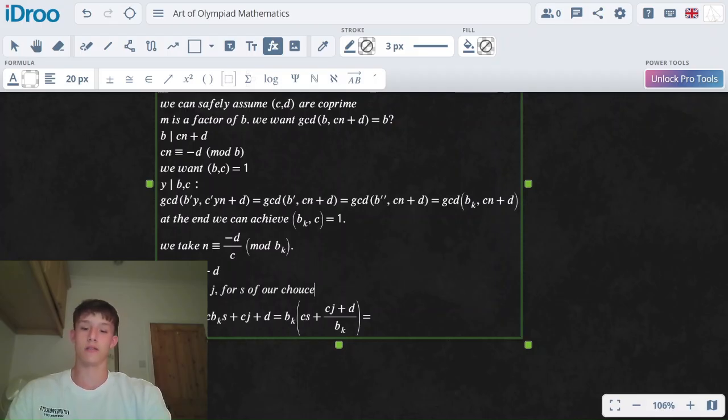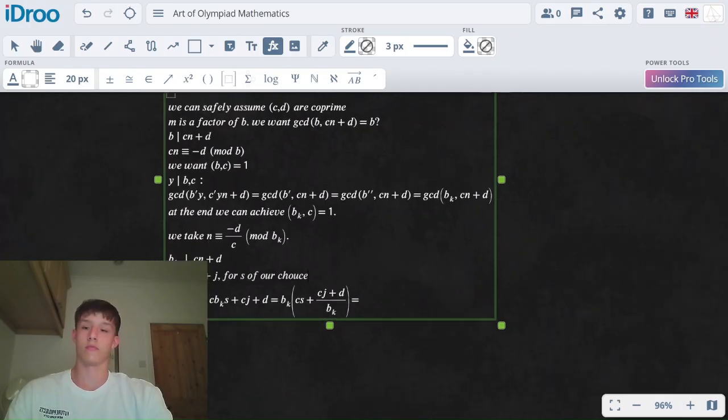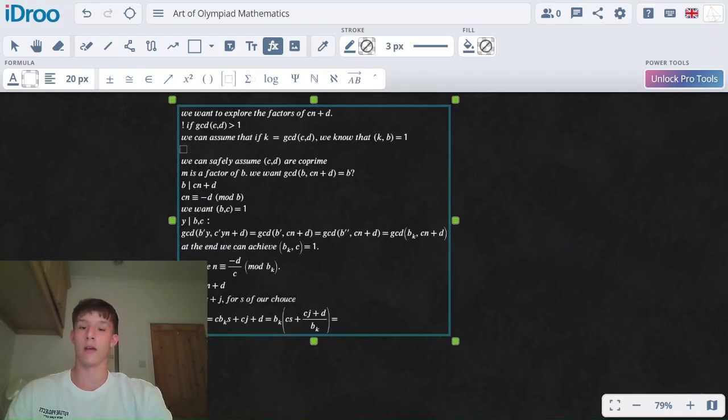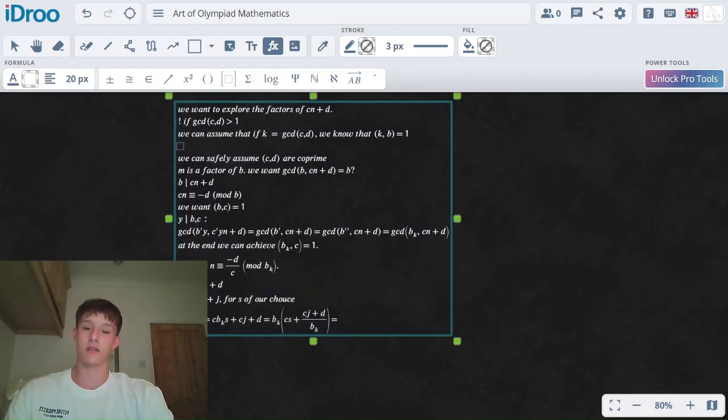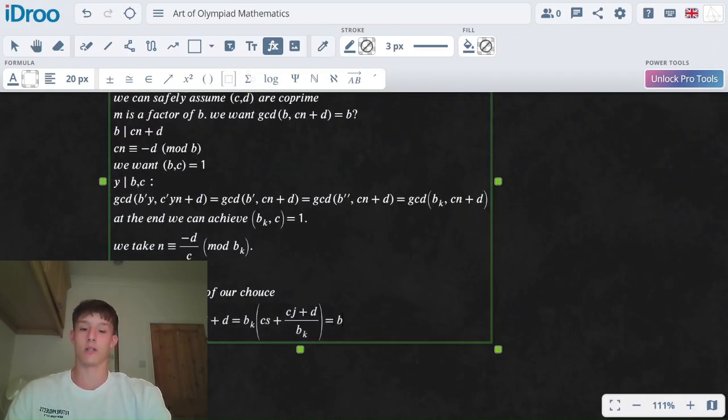Here we know that C and (Cj plus d) over bk are coprime, as d and c are coprime. And if they're coprime, then by Dirichlet's theorem, this can be a prime that's very big, bigger than b, and therefore this is coprime to b.